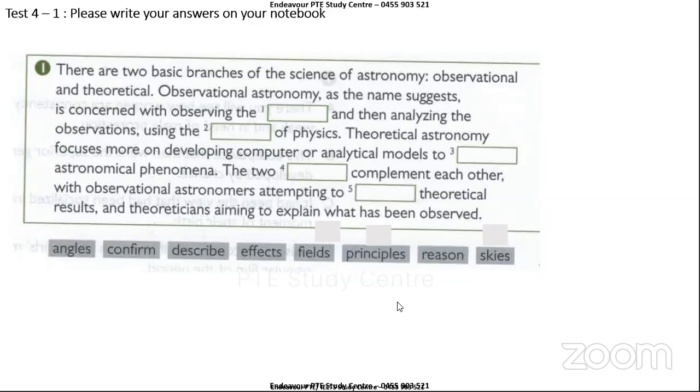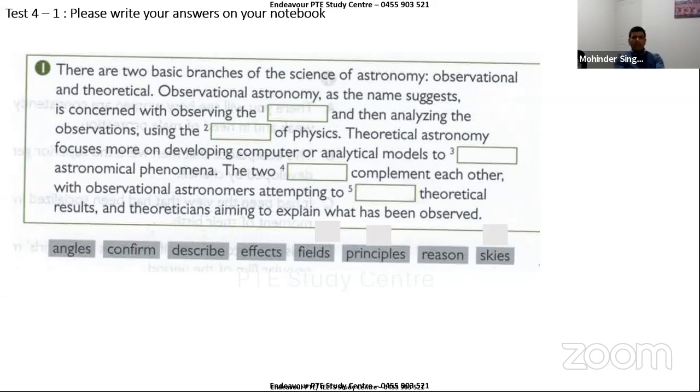So observing the skies and then analyzing the observations using the principles of physics. However, theoretical astronomy focuses more on developing computer or analytical models to describe the astronomical phenomena.